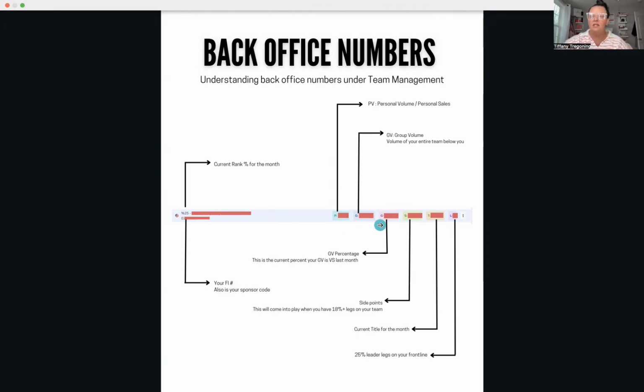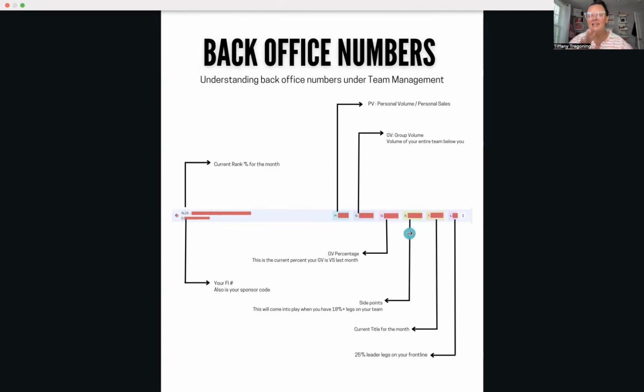The next thing is going to be G percentage. This is the percentage that your group volume is at versus last month. Okay, so in the beginning of the month, that percentage is obviously going to be lower compared to your numbers the previous month. But as the month goes, you're going to see that number increase to show you where you are against last month's numbers.